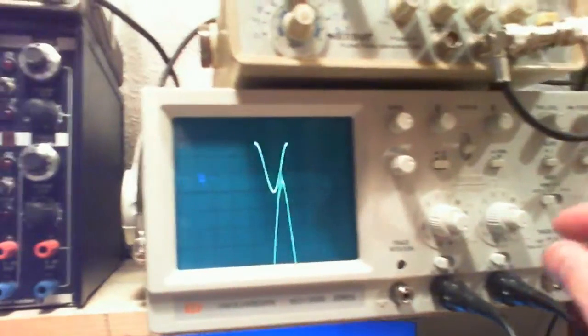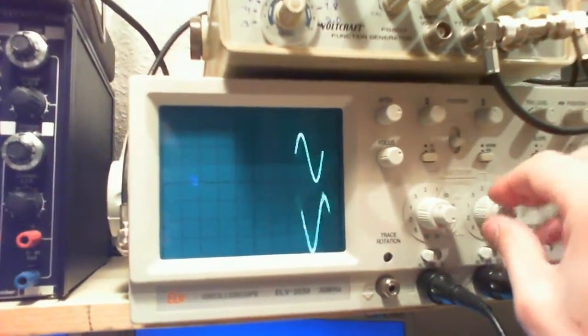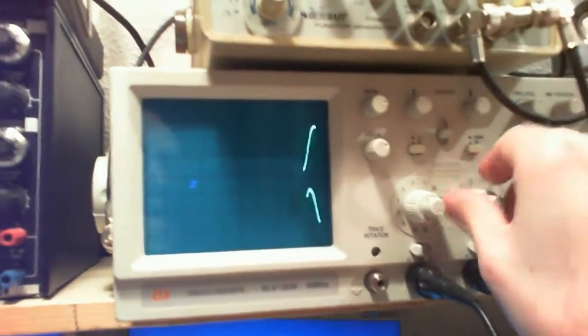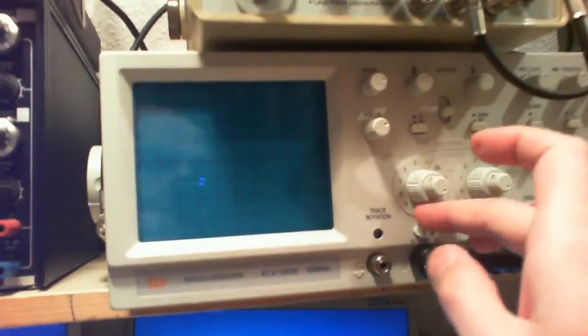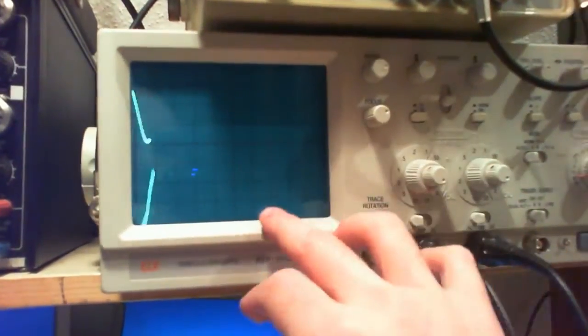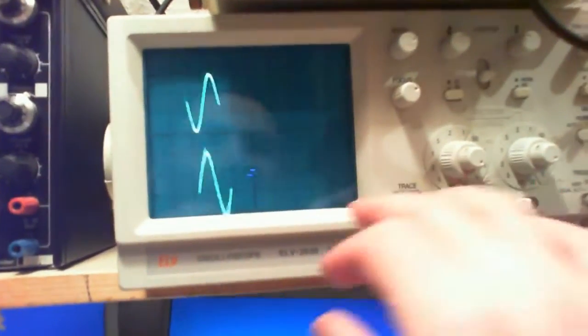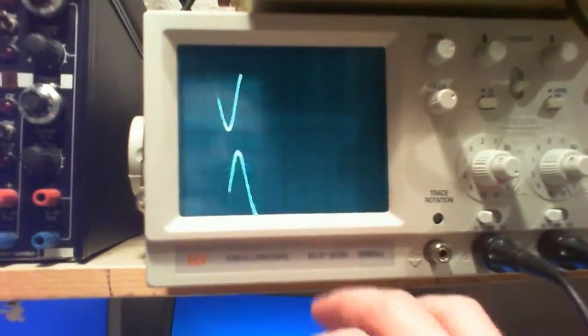Okay, so my output is actually increasing, and my input is at about 1, 2, 3 divisions times 10, which is 30 volts peak to peak. My output is at about 60 millivolts peak to peak.